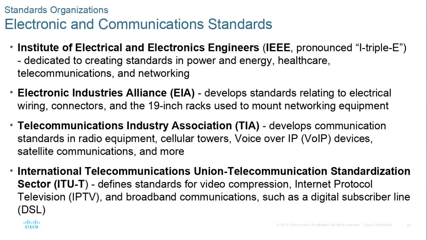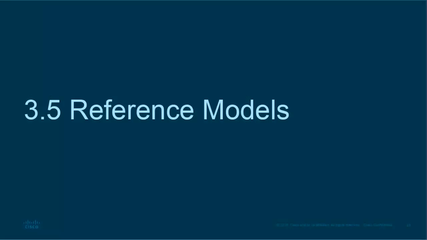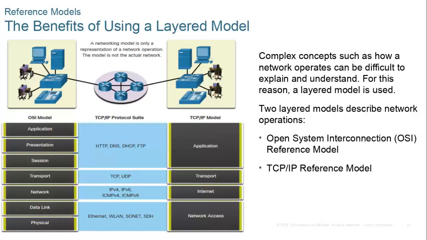A good example is the EIA TIA 568B. This is that RJ45 connector, the 8-position connector, that is a standard in networking today. No matter what type of networking you're using, RJ45 plugs. Now, reference models. Here is an example of the OSI model and the TCP model shown side by side.